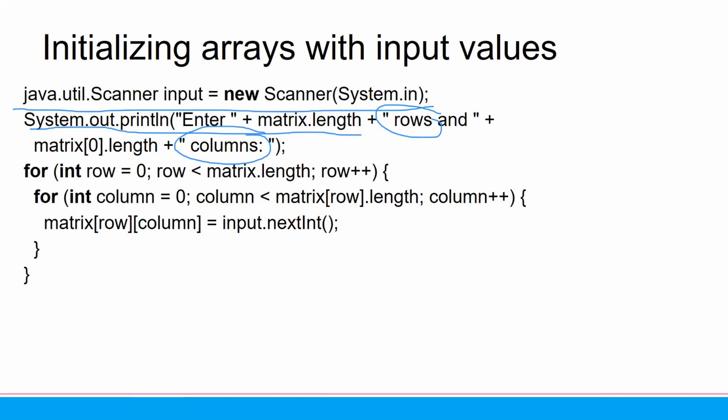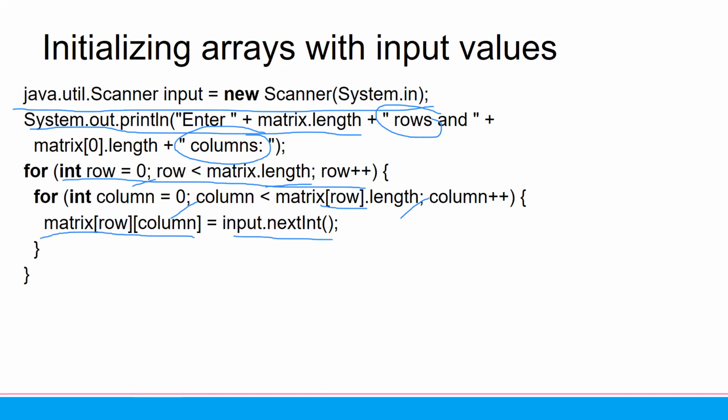So you will do the loop from row 0 until the length of the row, and then you need to access the column from column 0 until the length of that particular row. So you need to access the length for that particular row, and then for every cell you want to get the user input.